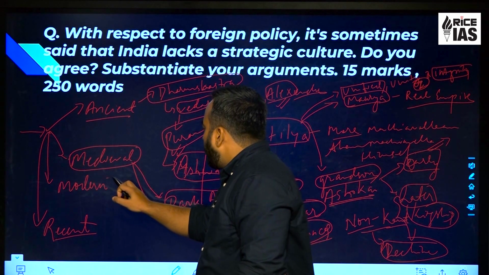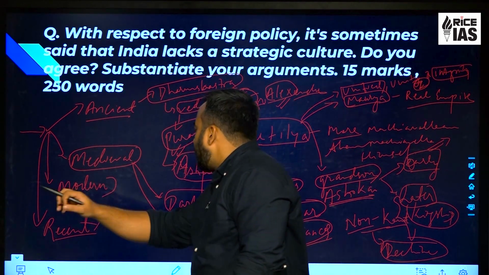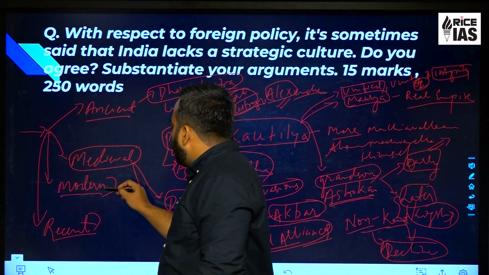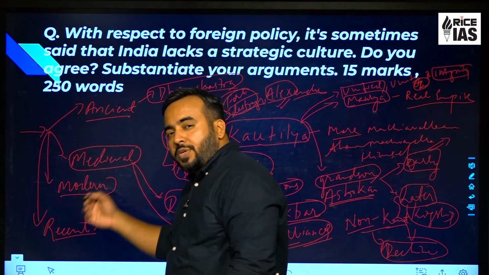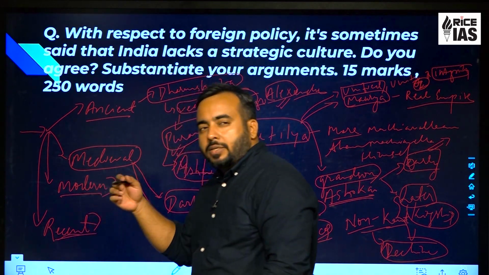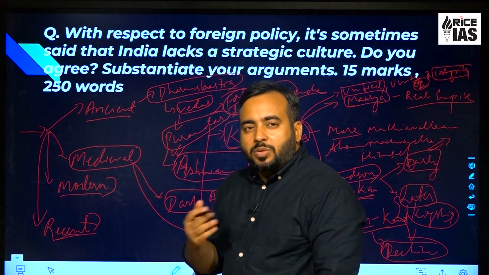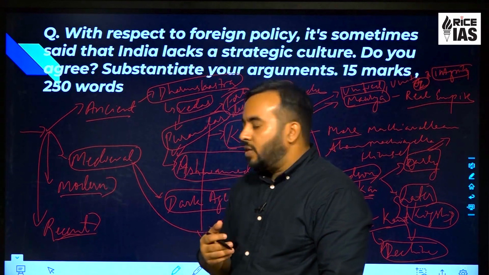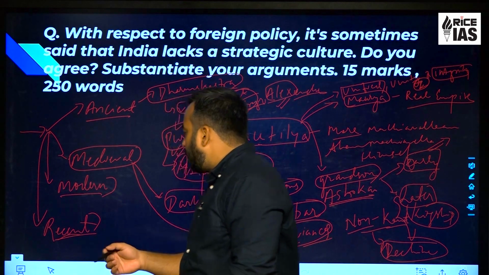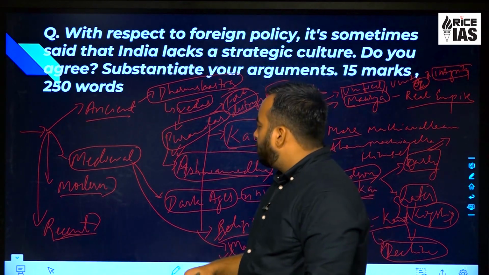And during modern and recent times, we have seen the evolution of India's foreign policy in the colonial era, and also the non-aligned movement, which was not exactly non-aligned, but strategic alignment was the real name of the game, called the non-aligned movement.